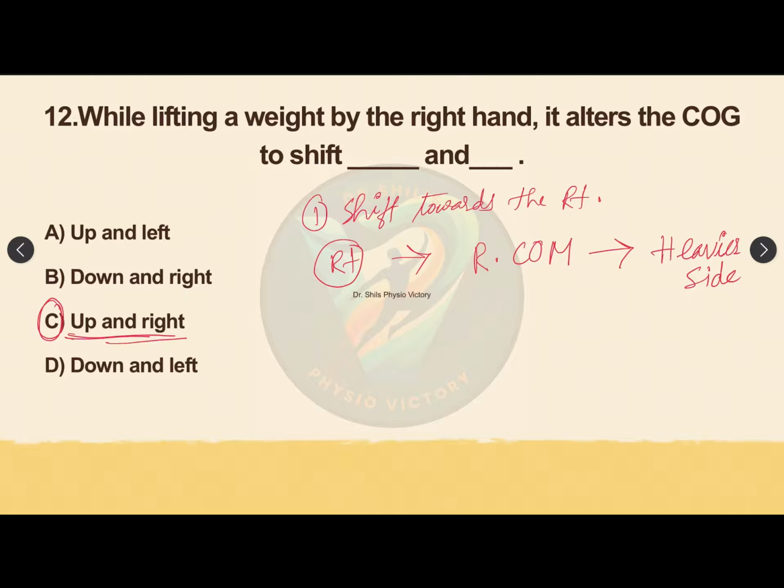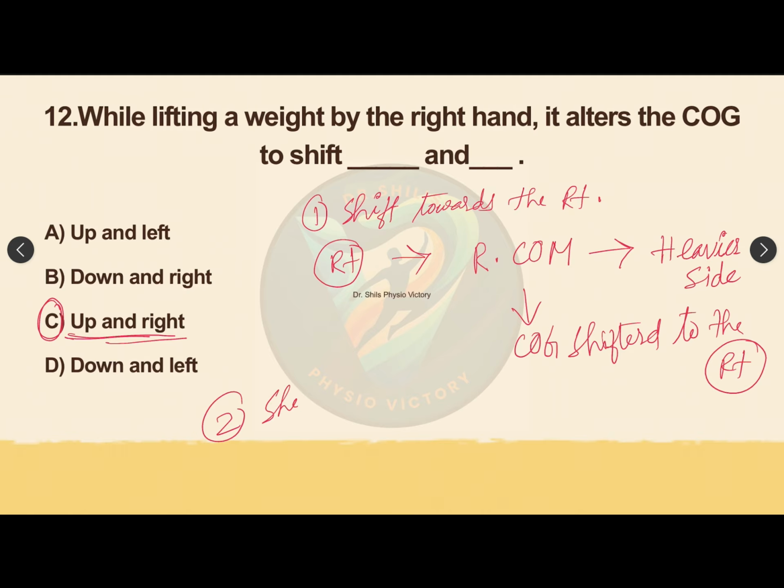Therefore, the COG shifted to the right. Next was the shift upward. When the weight is lifted, the mass of the object is above the previous resting level. The combined COG of the body and object system rises slightly.